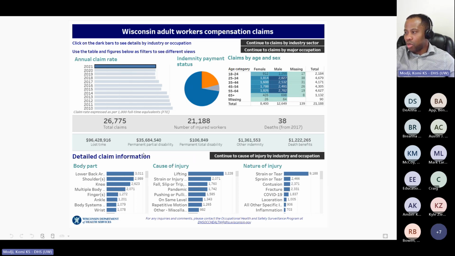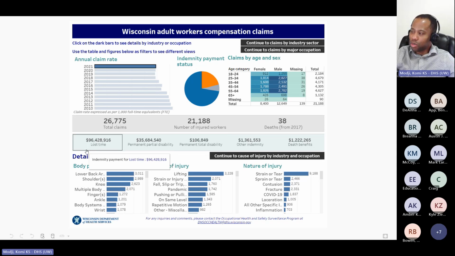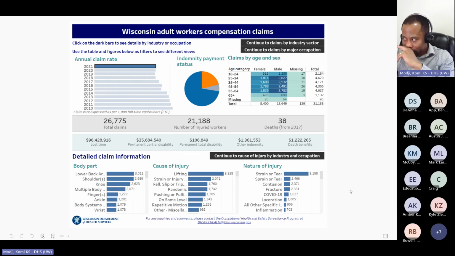So for the year 2021, the permanent partial disability cost roughly 37 or $36 million. We have $106,000 for the permanent, and then we have other indemnities that are not all these three, including death benefit. Of course, death occur, so death benefit has to be paid, and it's about $1.2 million.